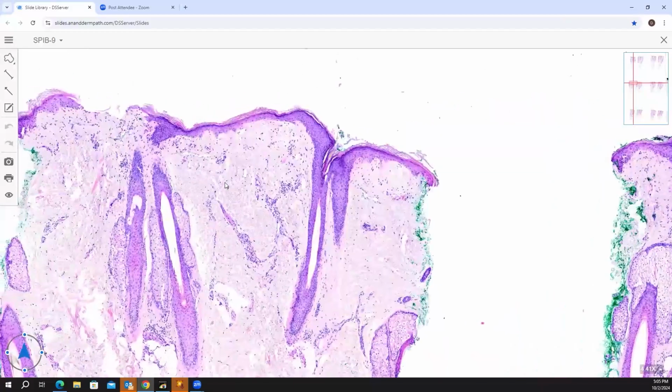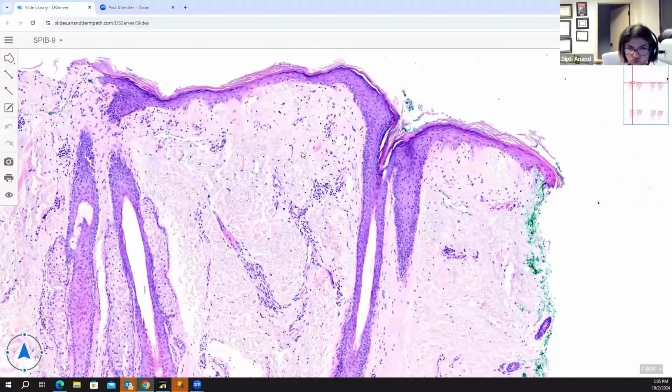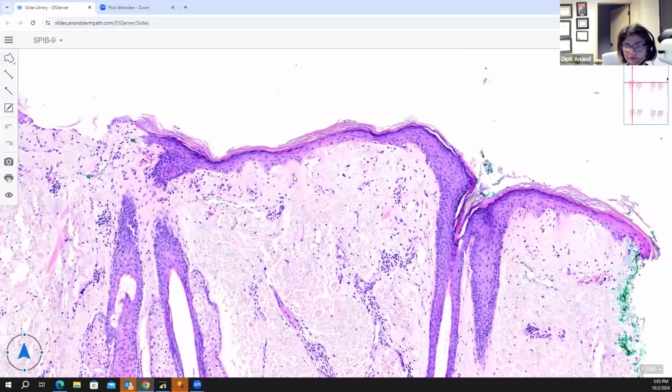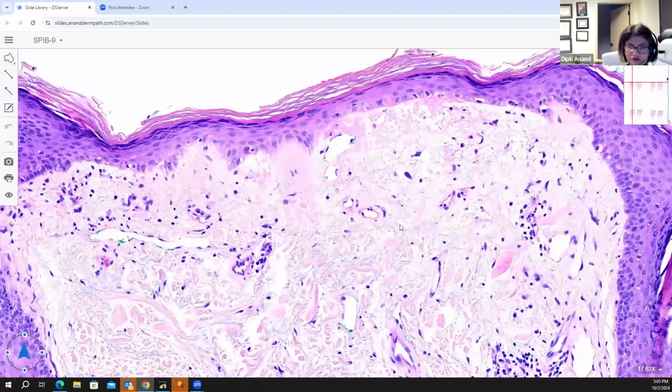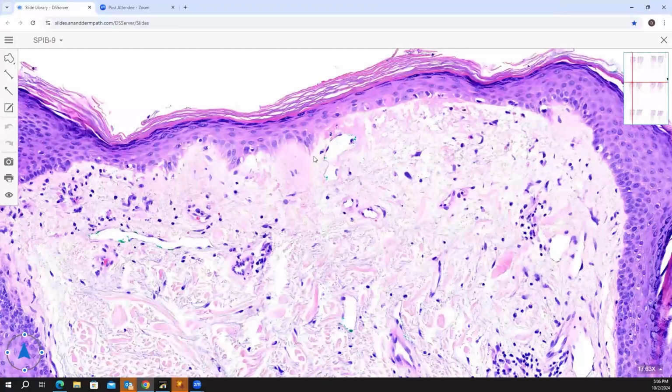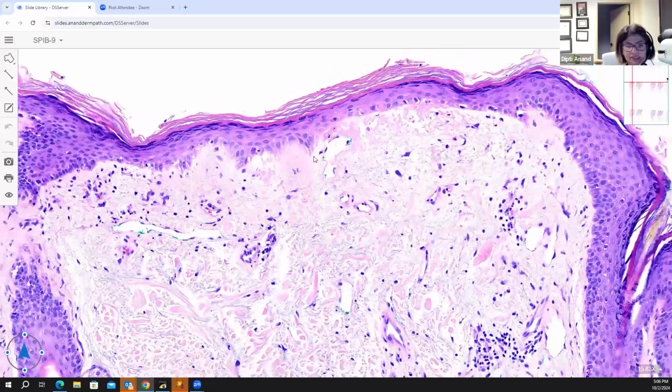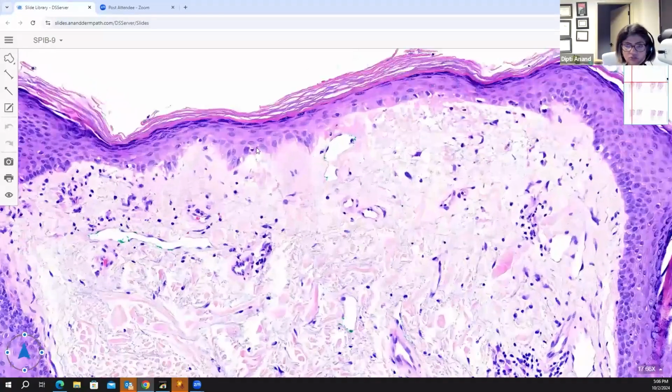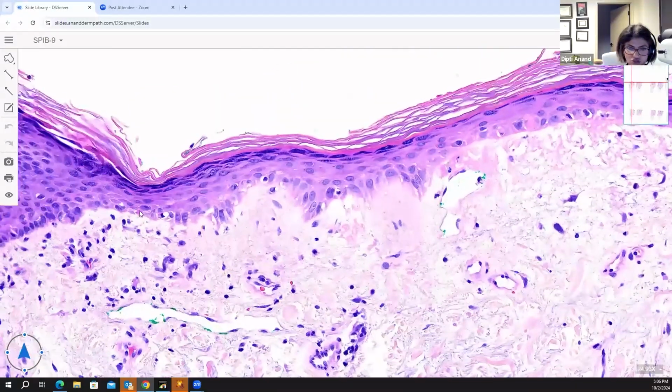Yep. And then what else is happening with it? It's atrophied. What do you think about the DEJ? Is this like a chronic interface process? Yeah. It's a chronic interface process where you can see the nice squamatization of the basal layer.